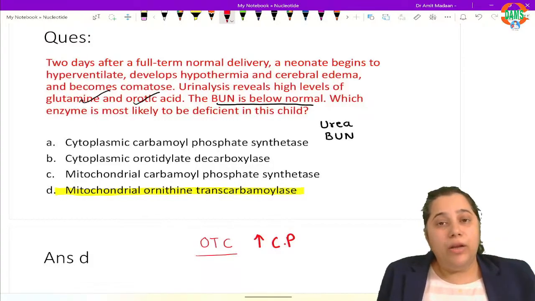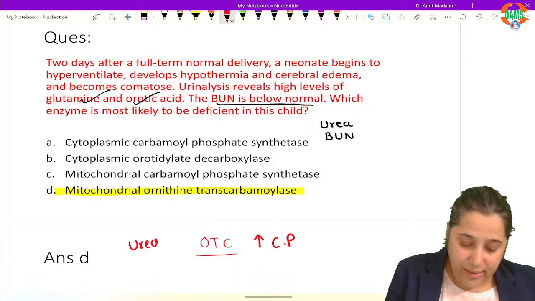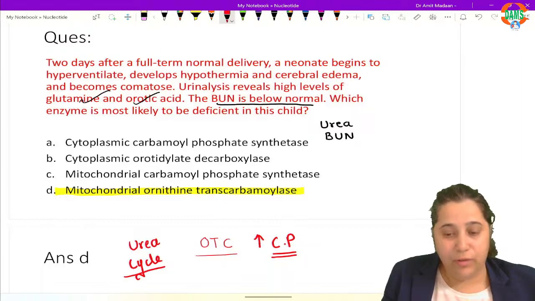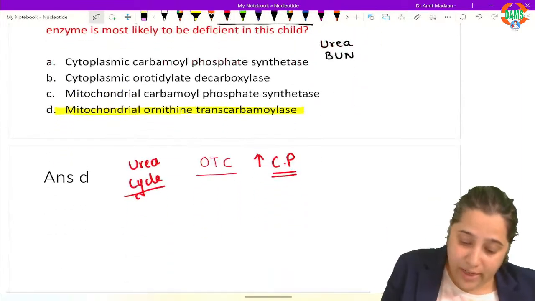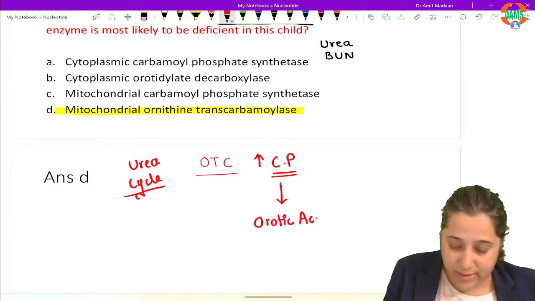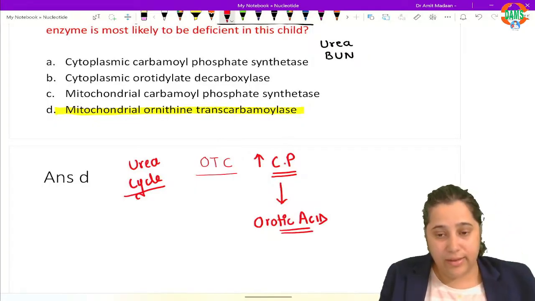This OTC is an enzyme of the urea cycle. When there is a high level of carbamoyl phosphate, it will be diverted to form more of orotic acid. And that is what is presented in this case, that orotic acid levels are on the higher side.